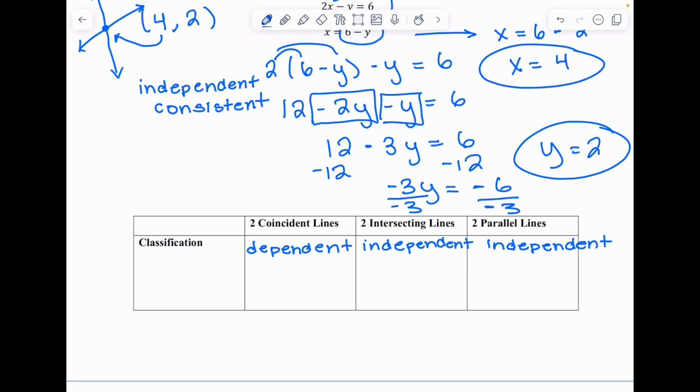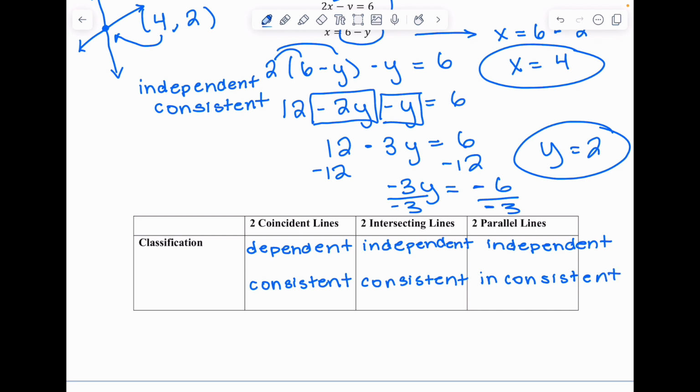So we know that two coincident lines will have infinitely many solutions, so that's consistent. And we know that two intersecting lines will have one solution, so that's consistent. But because parallel lines never cross, they will have no solutions, which means this is an inconsistent system.